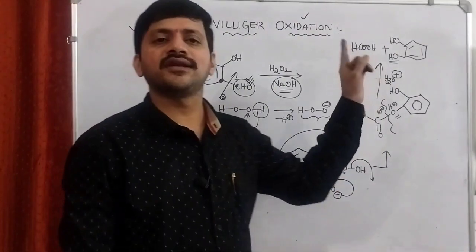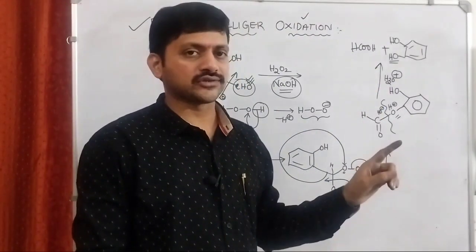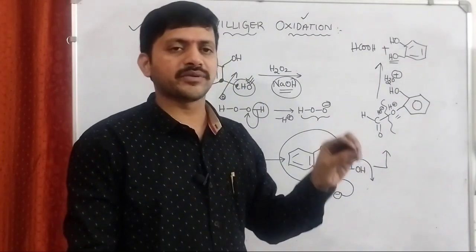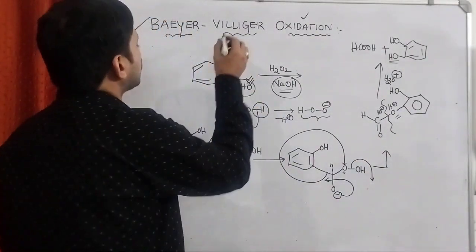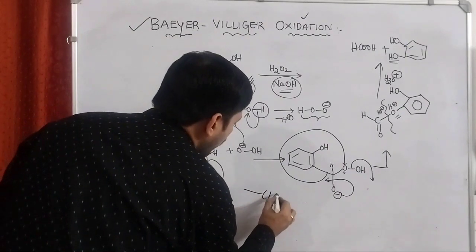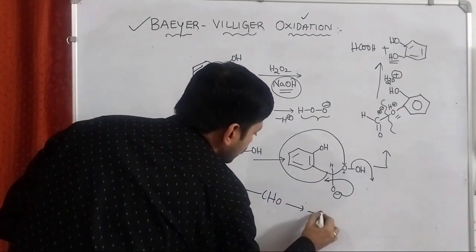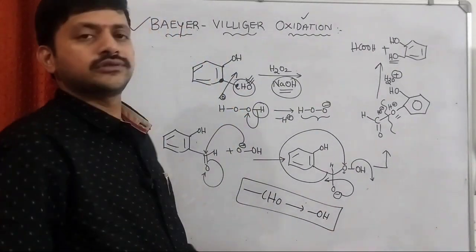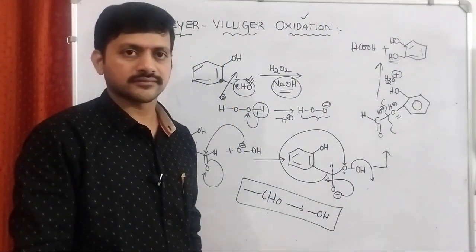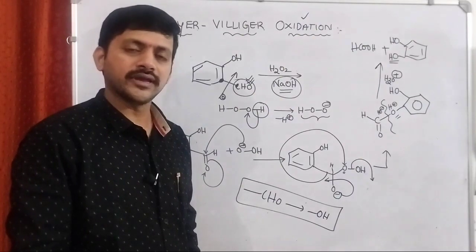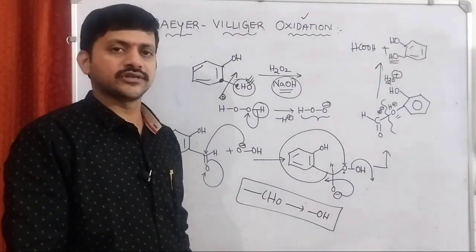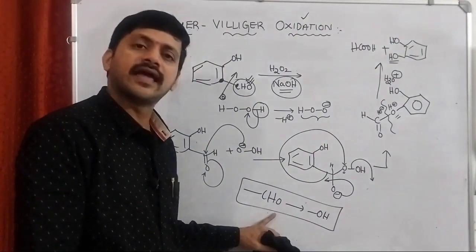This reaction is commonly called the Dakin reaction. It's a very important reaction. Simply you need to remember that if you want to convert the aldehyde group into the corresponding OH, directly use the Dakin reaction. Okay. So this is all about Baeyer-Villiger oxidation followed by the Dakin reaction.